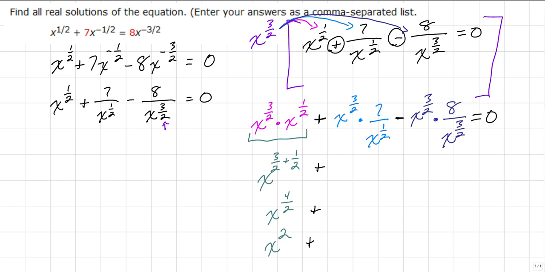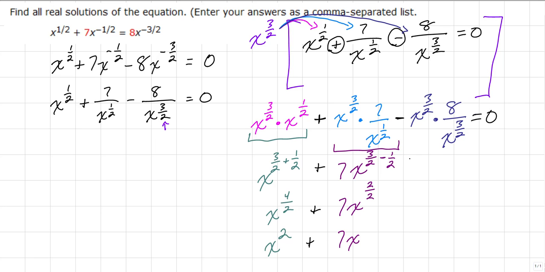So this is going to give me 7 times x to the 3/2 power minus 1/2. That's going to be 7 times x raised to the 2/2 power. But that simplifies into simply 7x.